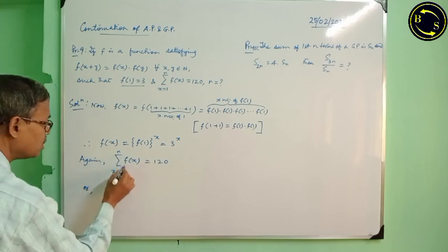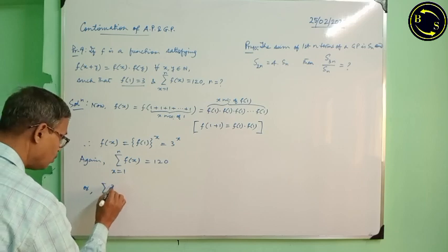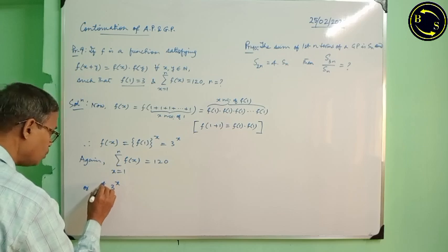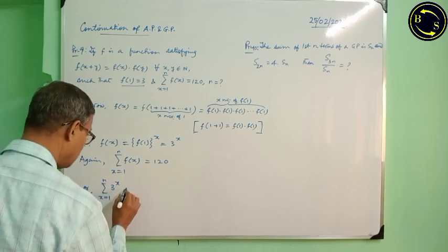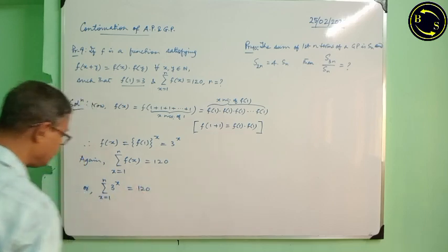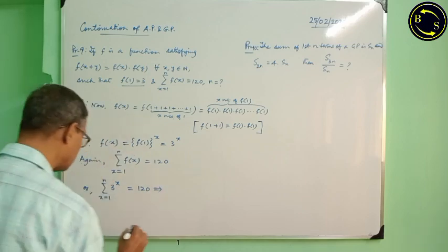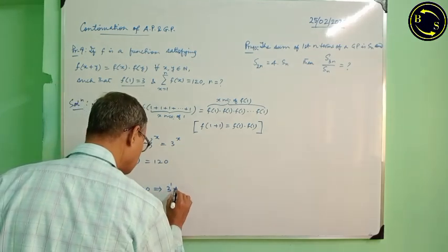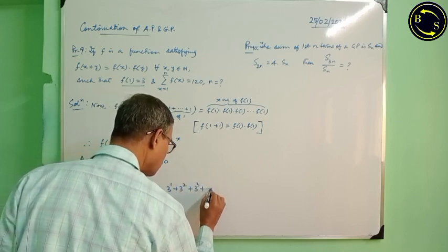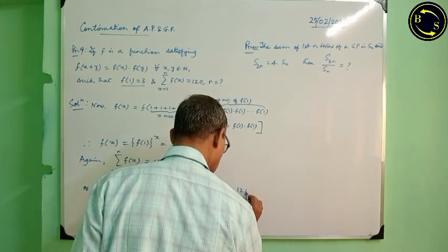Now I can replace this f(x) by 3 to the power x. Sum of 3 to the power x, x from 1 to n, is equal to 120. Now this can be written as 3 to the power 1, 3 square, 3 cube, up to 3 to the power x, that is equal to 120.